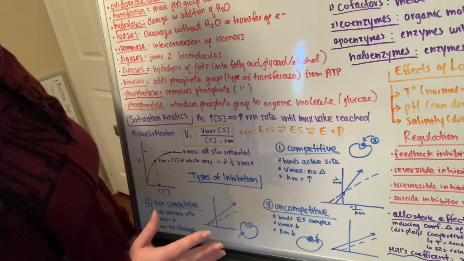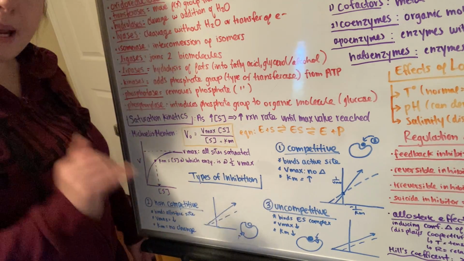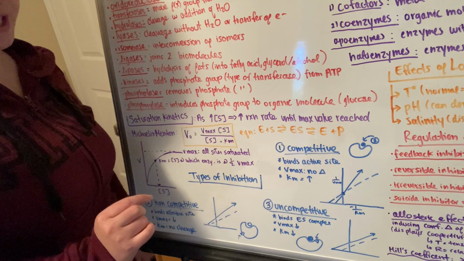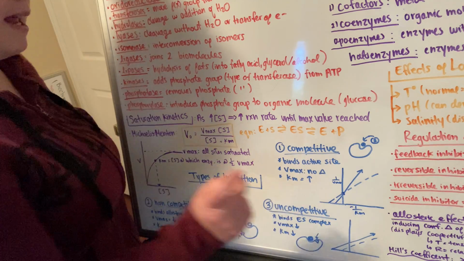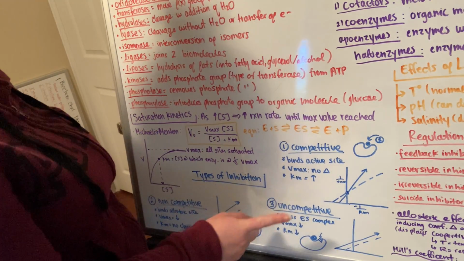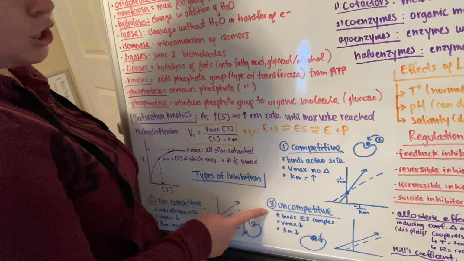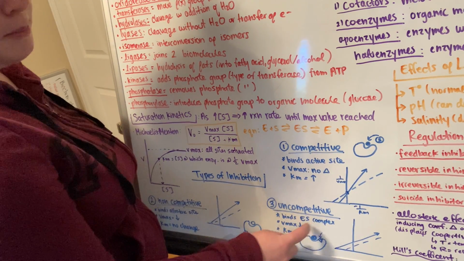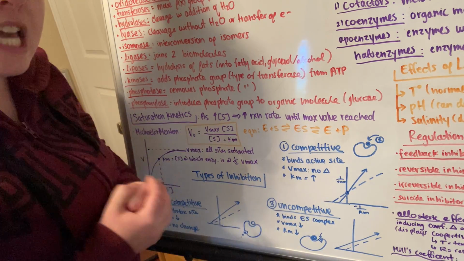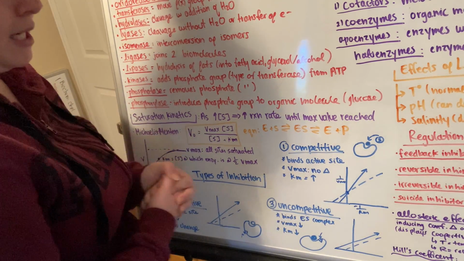Okay, so finally on to our third type of inhibition. We have uncompetitive inhibition. With uncompetitive inhibition, you're going to see that the inhibitor only binds to the enzyme-substrate complex. The enzyme-substrate complex is once the substrate and the enzyme are bound together.